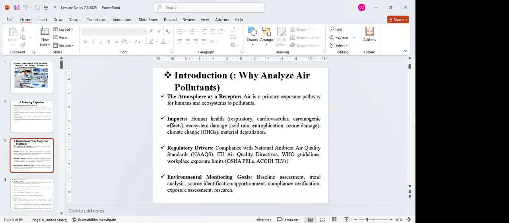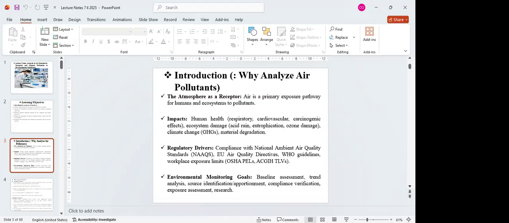So you find out that, one, they impact us during our health, metabolic processes, such as respiratory processes, cardiovascular arrangement, carcinogenic effects. These are things that they bring to impact on our health.